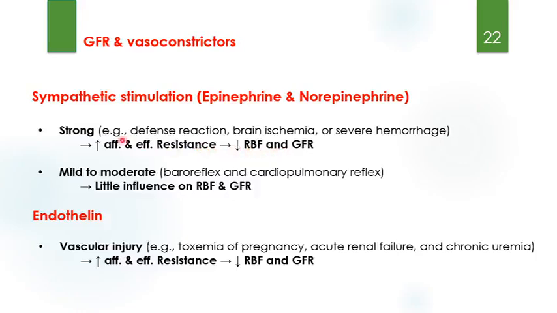This strong activation of the sympathetic system occurs during defense reaction, brain ischemia, and severe hemorrhage. But mild to moderate activation of the sympathetic nervous system, due to, for example, baroreflex and cardiopulmonary reflex, has little effect on RBF and GFR.